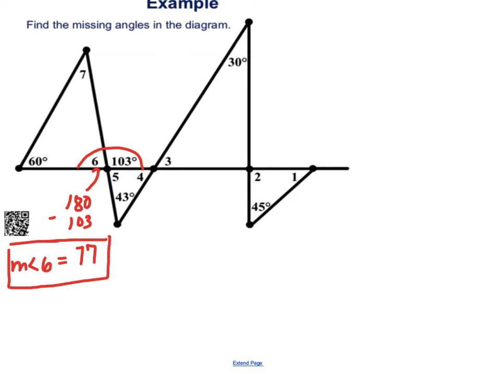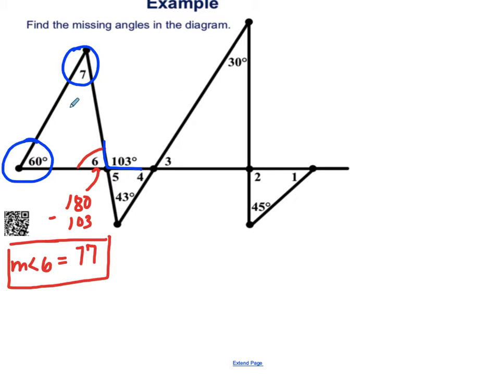You can either say that because you know angle 6 is 77 degrees, and you know that this angle, you know for sure is 60 degrees, together they make a triangle with this angle 7. So you can use the triangle sum theorem, which I'm going to show you, but you can also use the exterior angle theorem. You know that this exterior angle, 103 degrees, is the sum of these two remote interior angles.